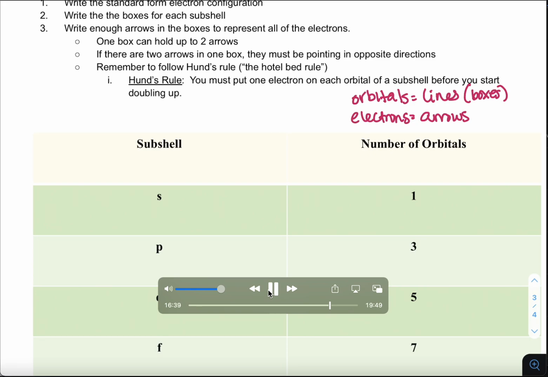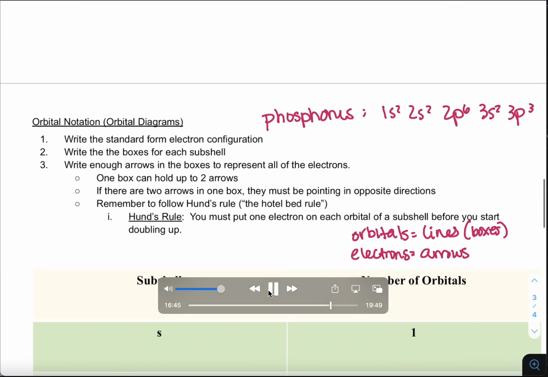You'll see that a lot. So here, you write one line for each S, 3 lines for each P. And then however many electrons are in that subshell, you draw arrows for that.